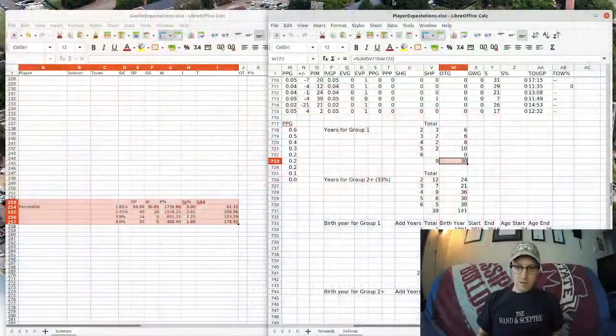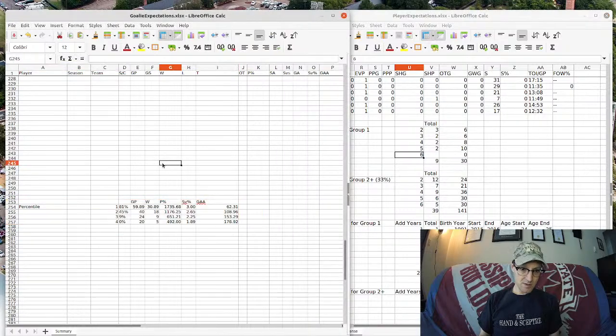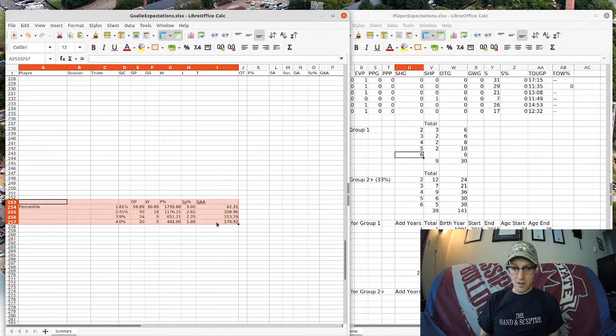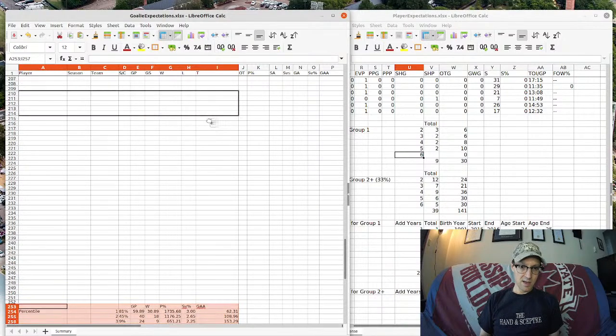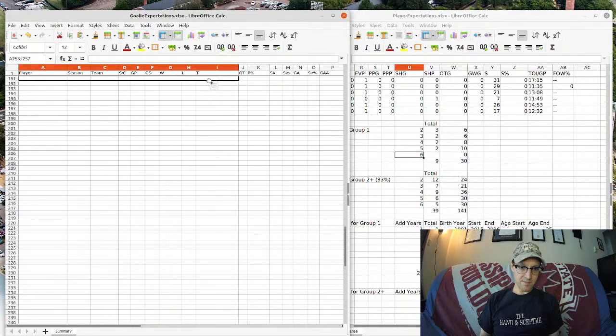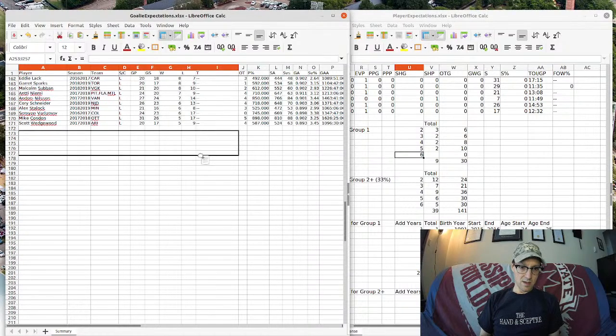All right. So I just have to correct the cell referencing on the spreadsheet.